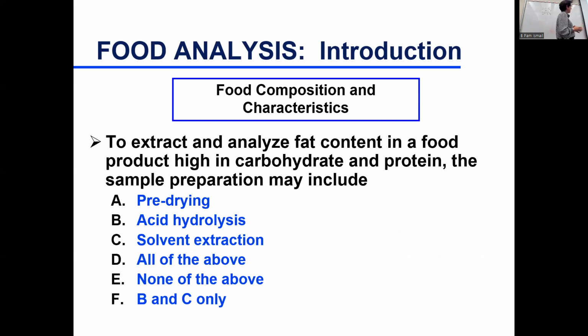So we are determining fat content in a product that is high in carbohydrate and protein. They're not necessarily high in fat, but high in carbohydrate and protein, and you need to determine fat content. Do we need to do pre-drying? Do we need acid hydrolysis?